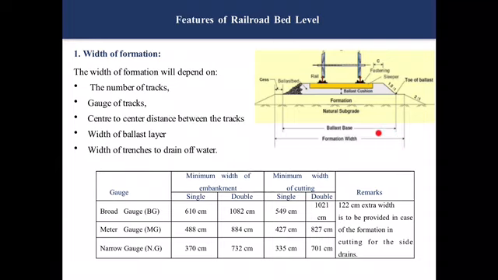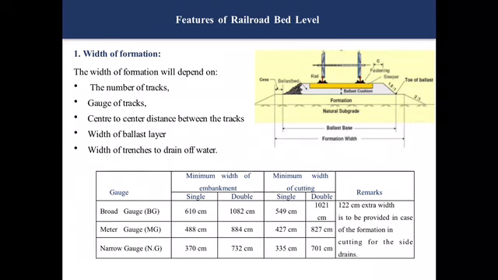This formation width depends upon various parameters, that include the number of tracks. The more the number of tracks, the more the formation width required. And what is the gauge adopted? Usually the broad gauge is the wider one, which requires more width of the formation.